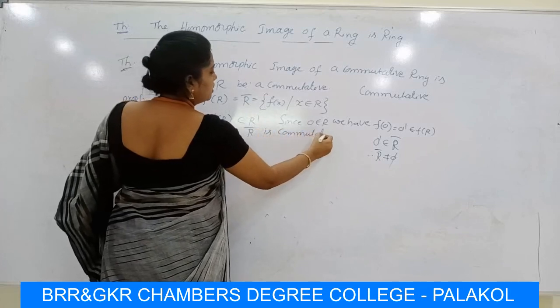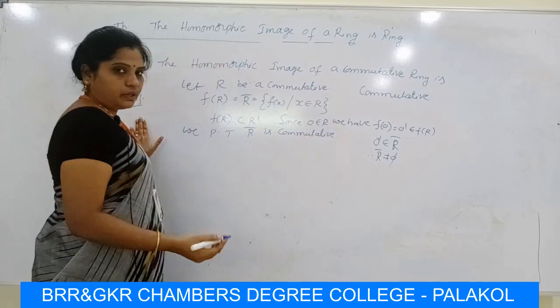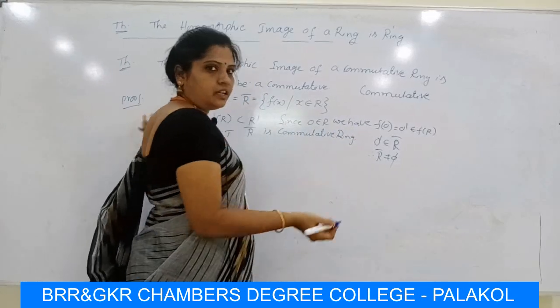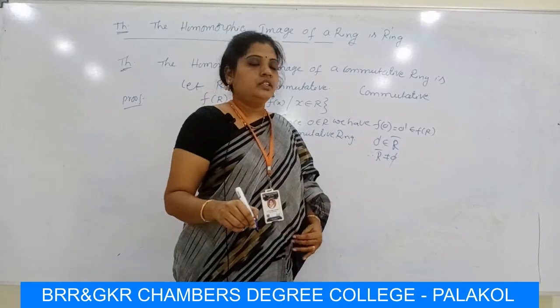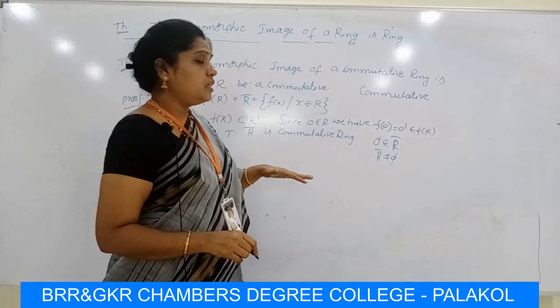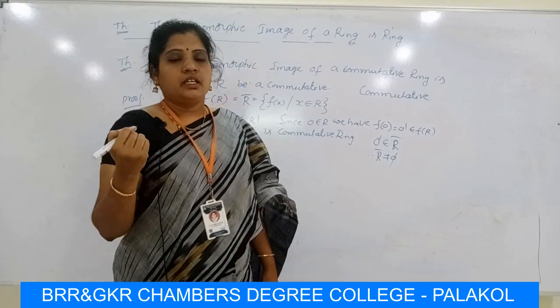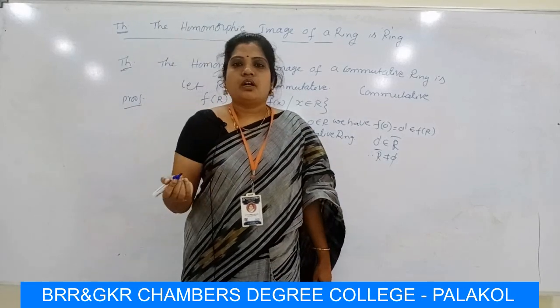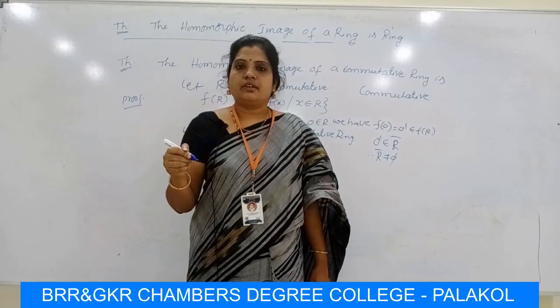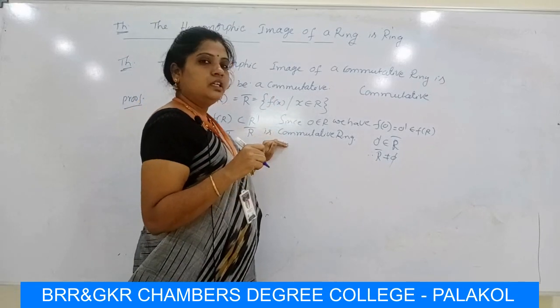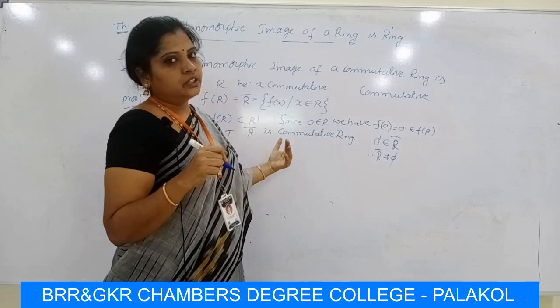By the definition, a commutative ring is first of all a ring, and then commutative, that means it obeys the commutative law. The commutative law is with respect to multiplication, that is, a, b belong to R, then a into b equals b into a. So we have to prove R bar is a commutative ring.